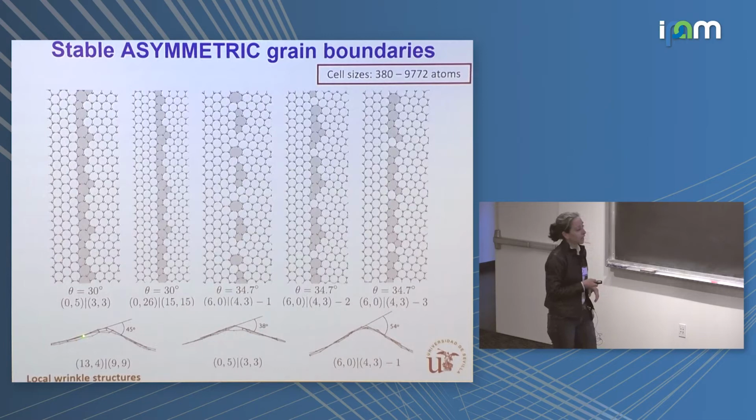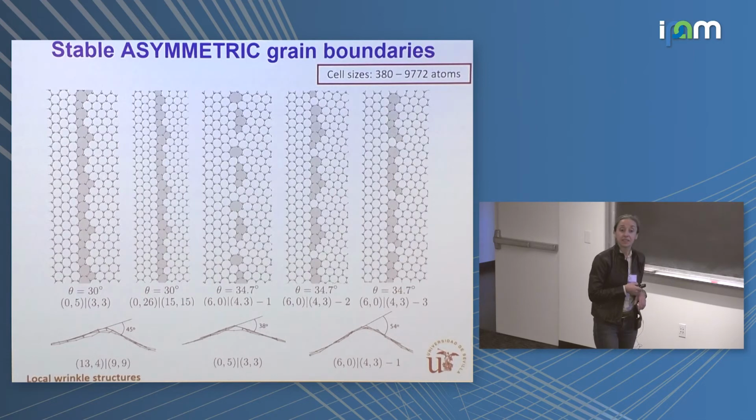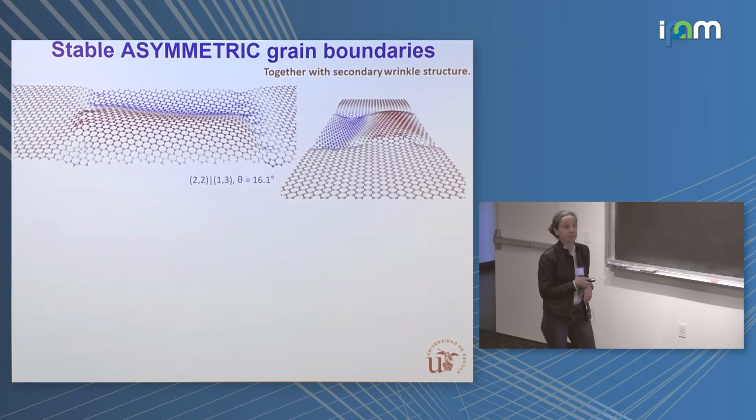So you are going to have local wrinkle structures along the 5-7 rings, but very local out-of-plane displacements in some cases. But in other cases, in addition to the local wrinkles along the grain boundaries, you observe this secondary wrinkle structure.